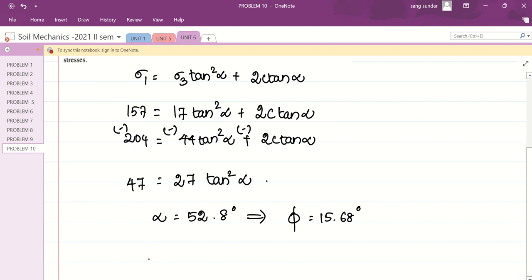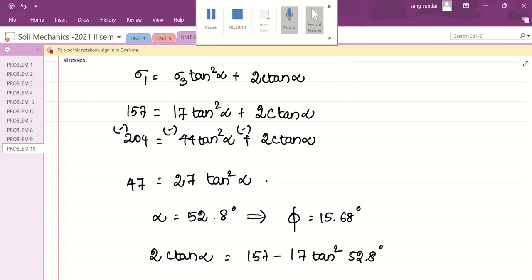or I could say, 2c tan alpha is equal to 157 minus 17 tan square 52.8 degrees.